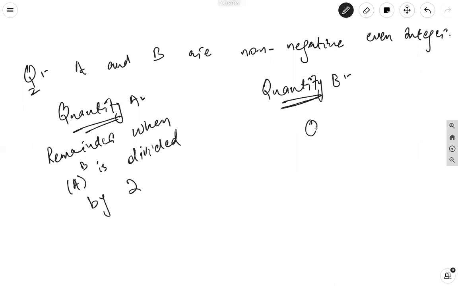Answer D. Anyone else? Answer C. Just take one more minute and try to solve this. This is a very tricky question. Take your time.